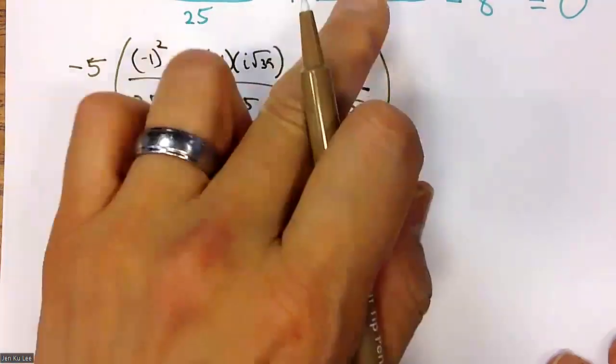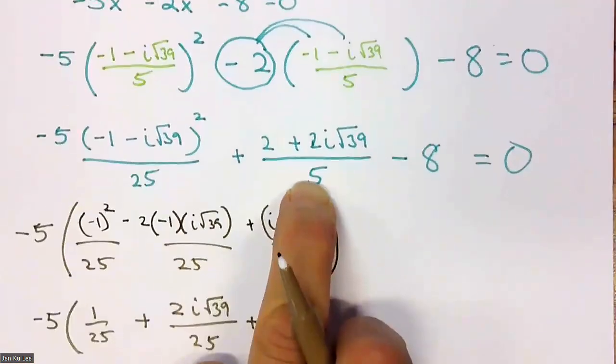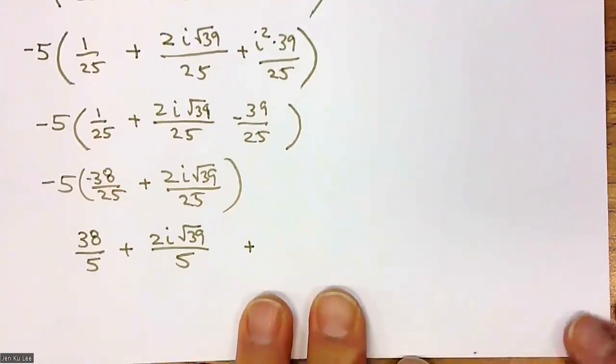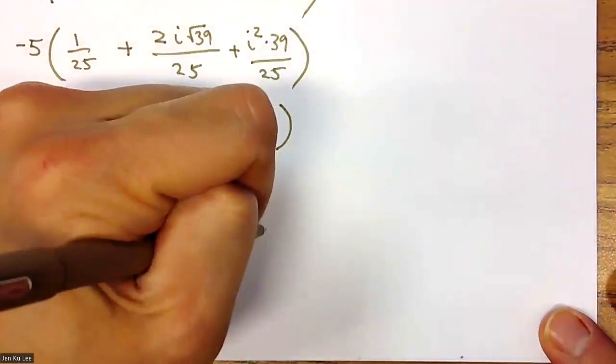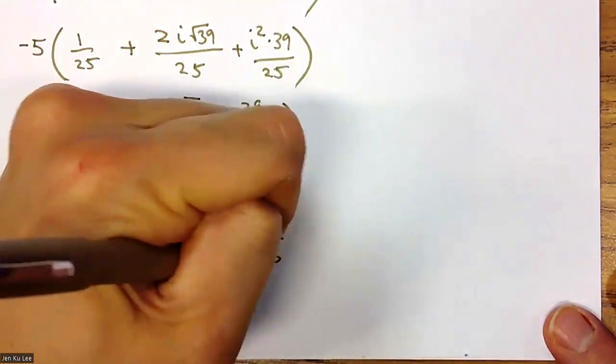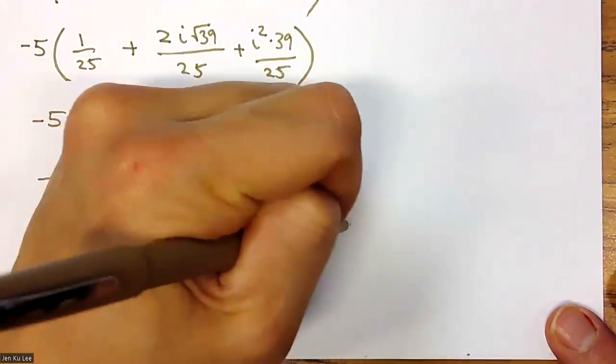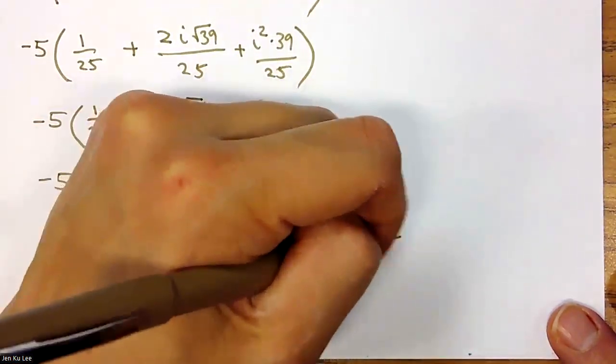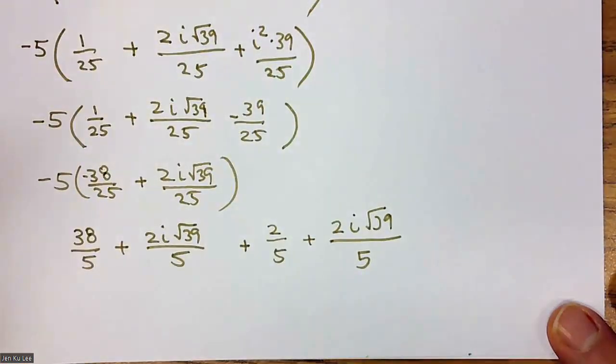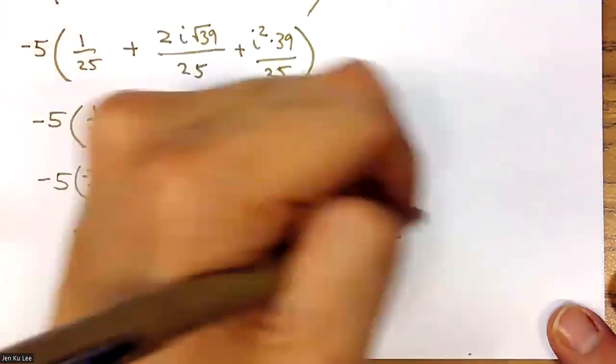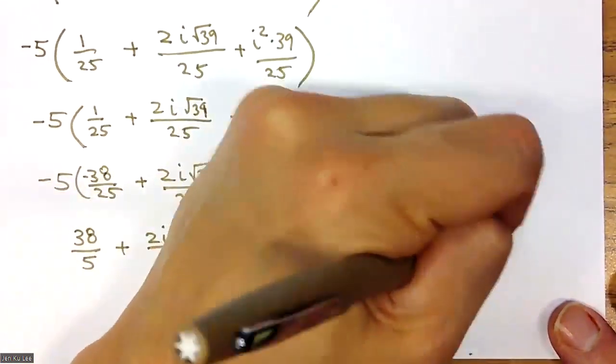I'm going to put all of this back down here. 2 over 5 plus 2i square root of 39 over 5 minus 8 equals 0.